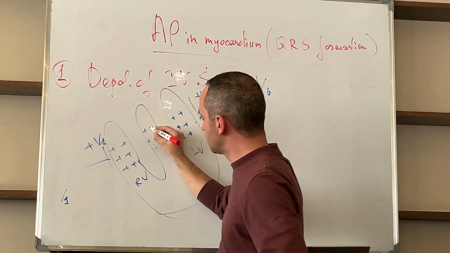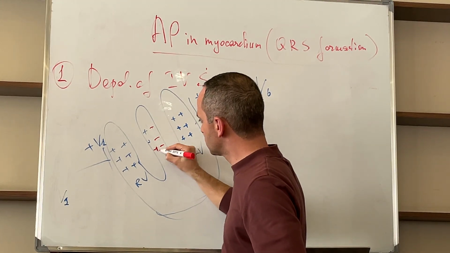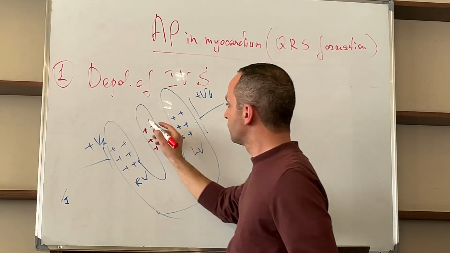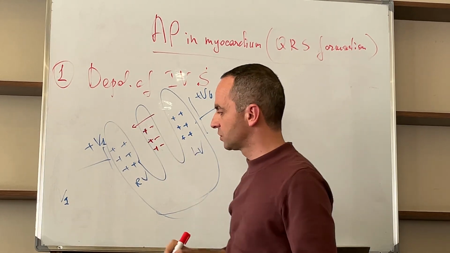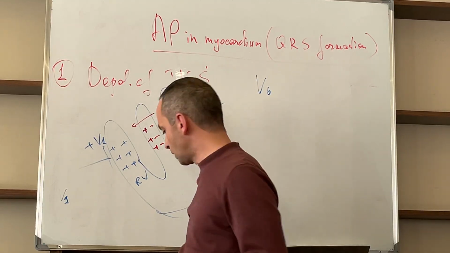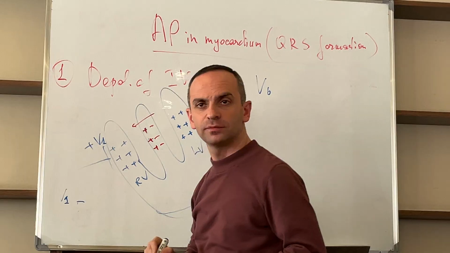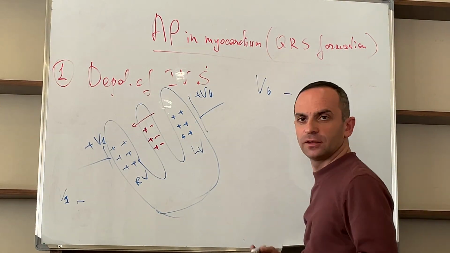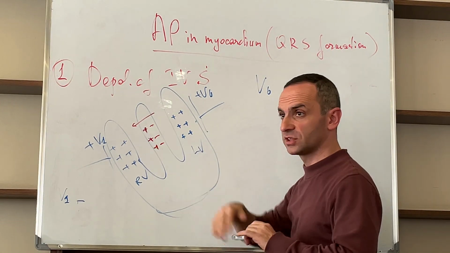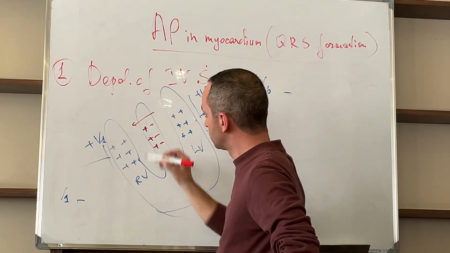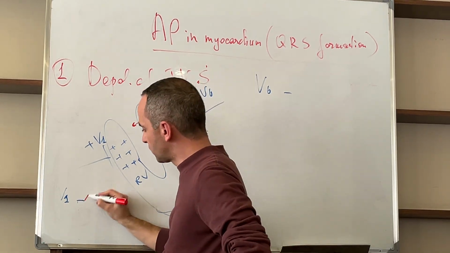So we have minus, minus, minus, this is plus, plus, plus. What we have is a vector from minus to plus. Accordingly, in V1 before this it was isoline, and in V6 also isoline, before the depolarization starts. Now it starts. So the vector is directed towards V1, so in V1 we'll have a positive deflection.